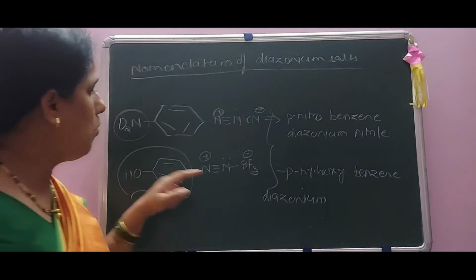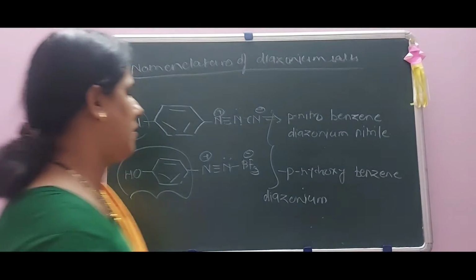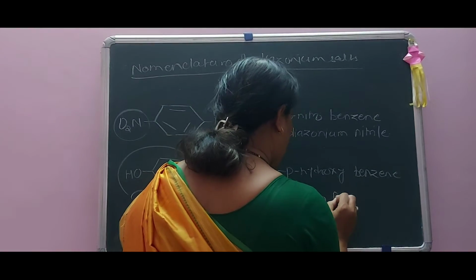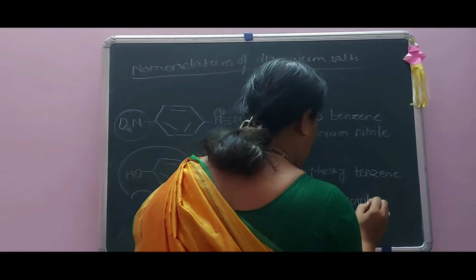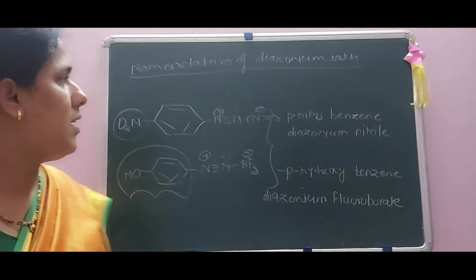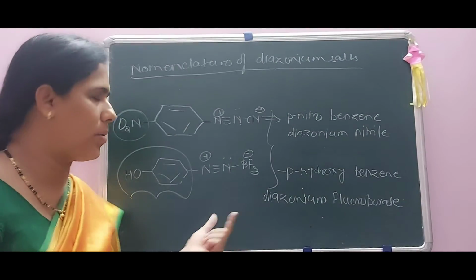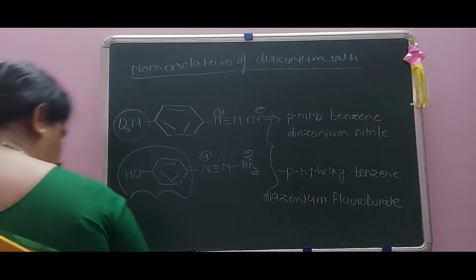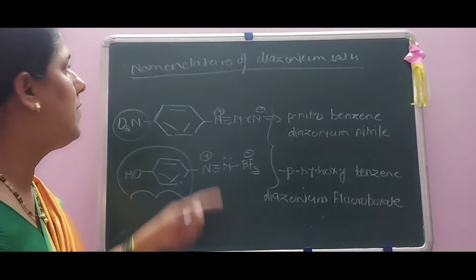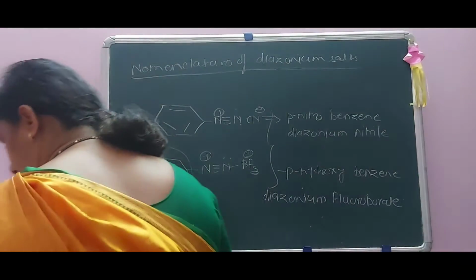And what is the name for this BF4? That is fluoroborate. In this way you can name a number of diazonium salts. Now the next part is the preparation of benzene diazonium salts. Okay, see here.